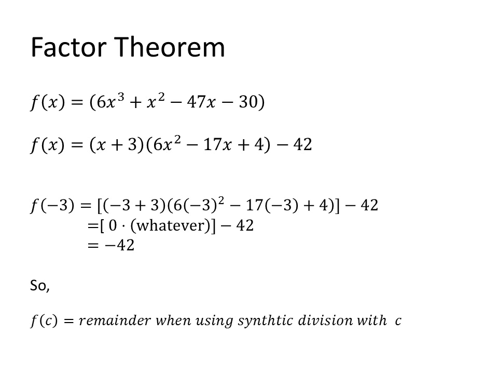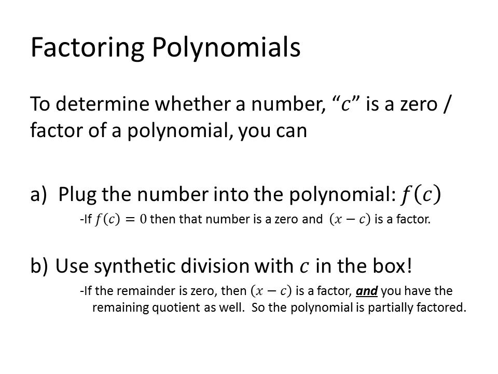Sometimes it's easier to simply plug in a value to the function to see whether it equals 0. Sometimes it's easier to use synthetic division. I recommend using whichever method you think is easiest. So by using these techniques, we can factor polynomials. To determine whether a number, c, is a 0 or a factor of a polynomial, you can do one of two things.